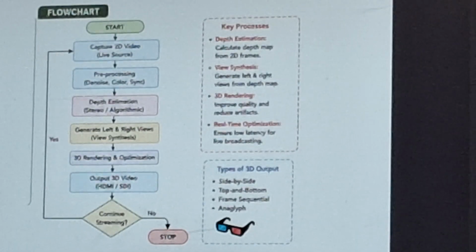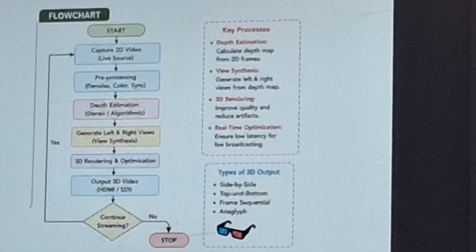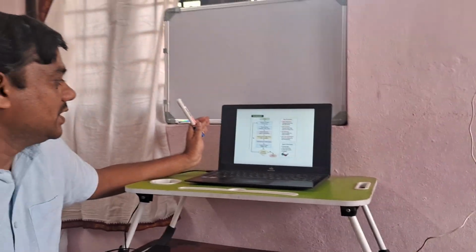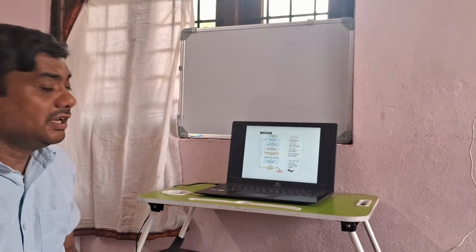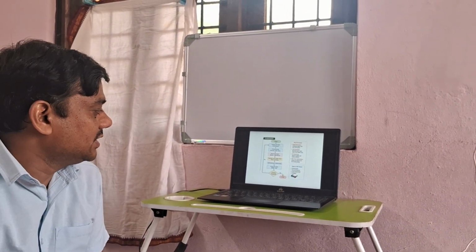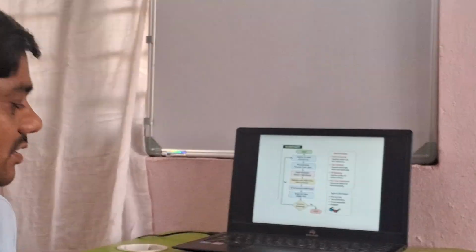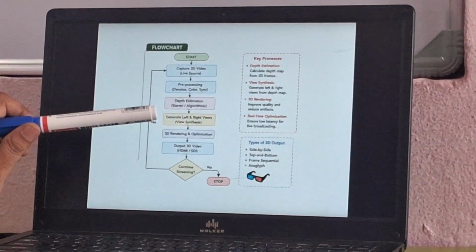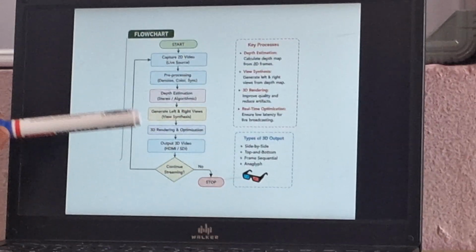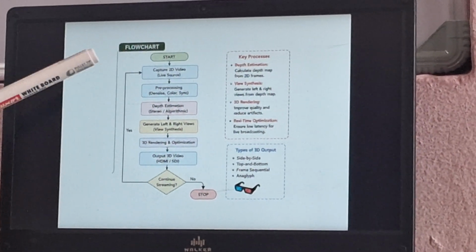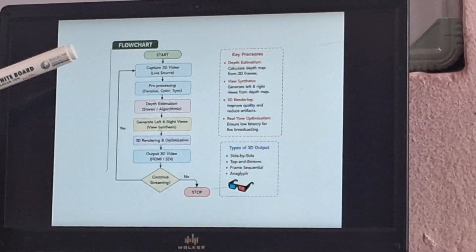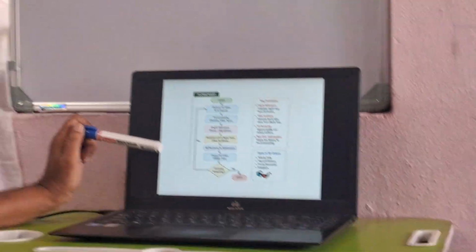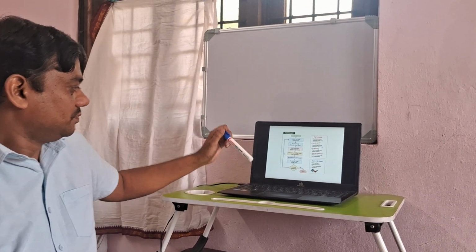After this comes 3D rendering, meaning after separating the left and right images of that video, we make it 3D, and after 3D optimization only then can we generate the output 3D video. This 3D video we can view through HDMI or SDI, and after the completion of this video processing, the final output is a three-dimensional video.